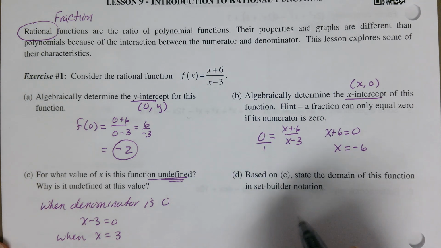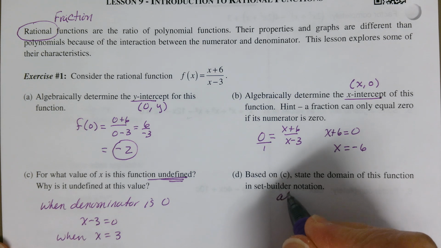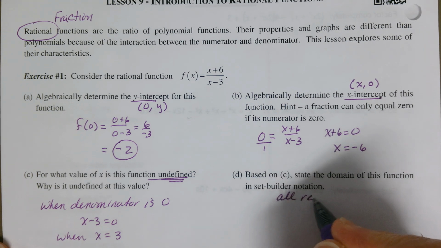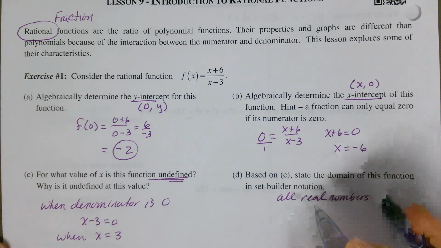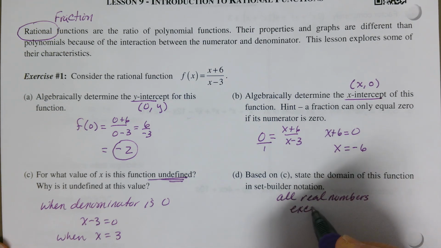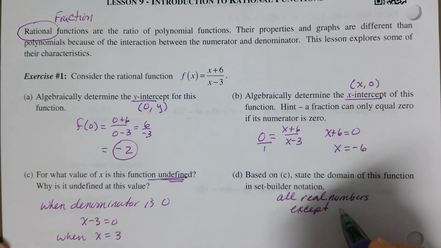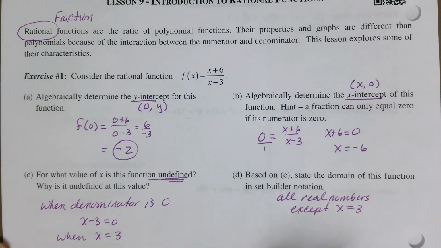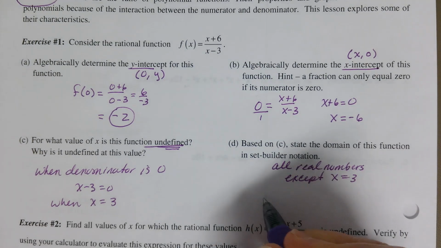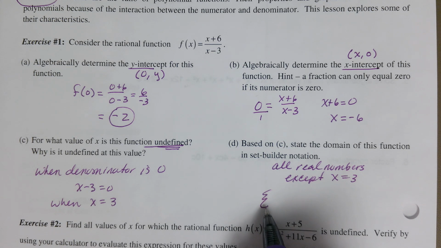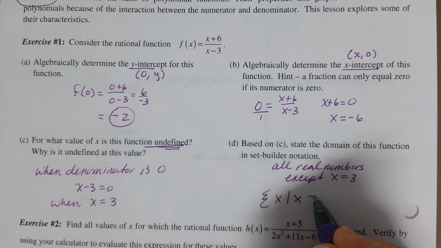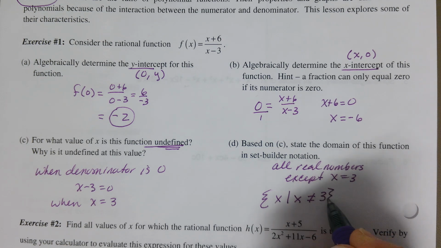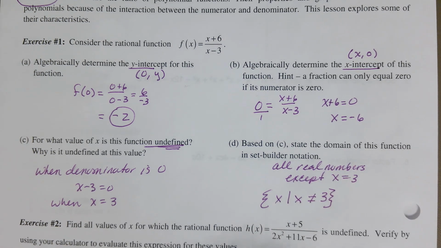So using set builder notation, first let me just state all real numbers except x equal to 3. Set builder notation would be the set containing all x such that x does not equal 3. So you can put any x value except 3.